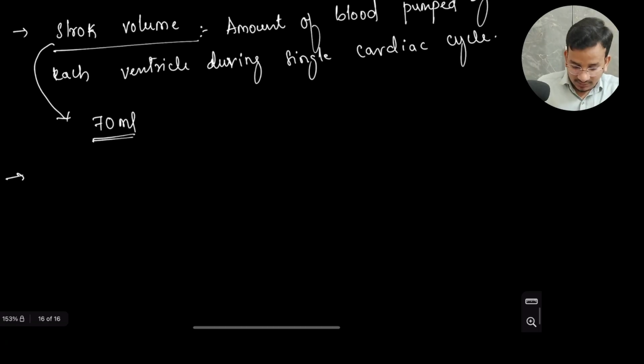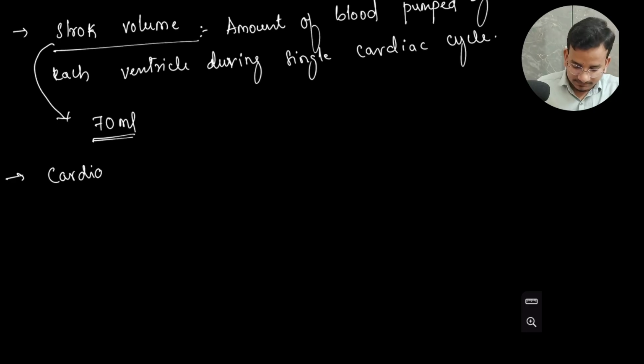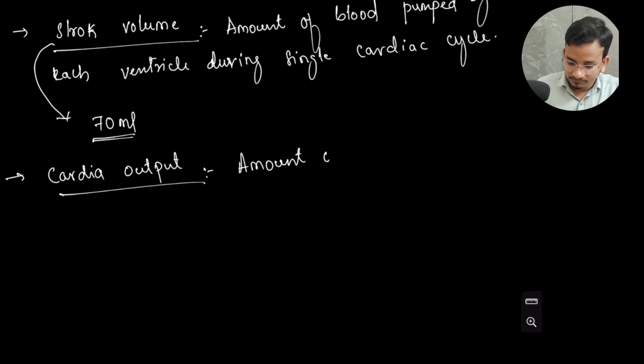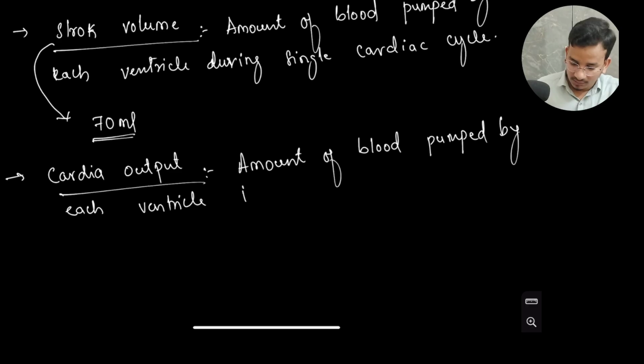Next is another thing, don't confuse cardiac output and stroke volume. Cardiac output is the amount of blood pumped by each ventricle in 1 minute.